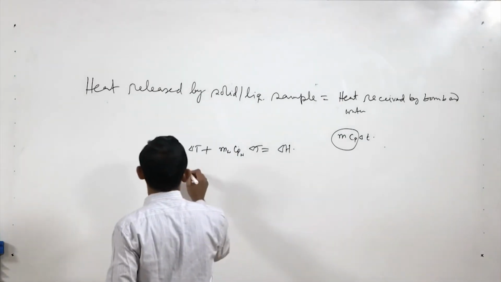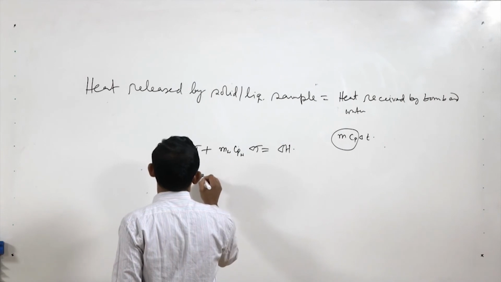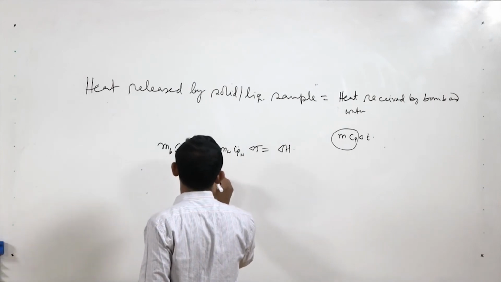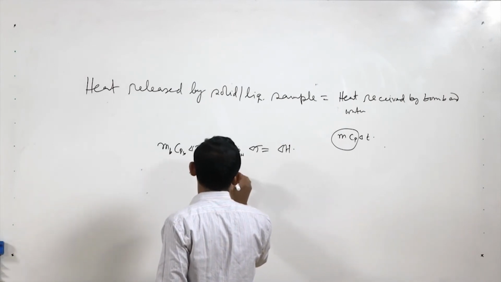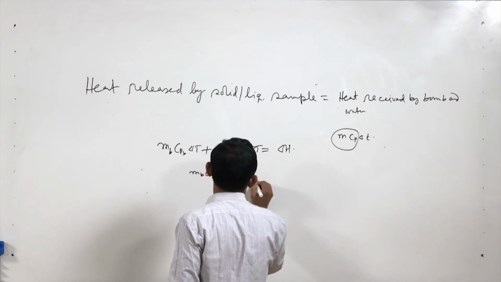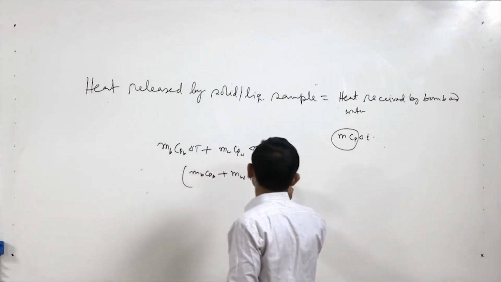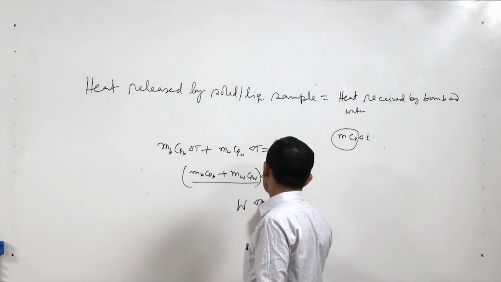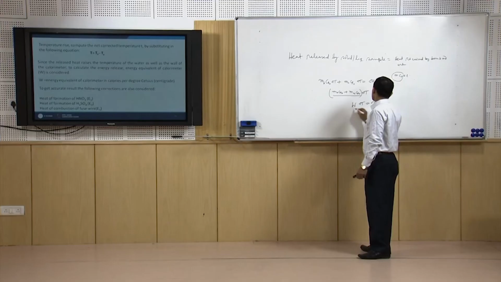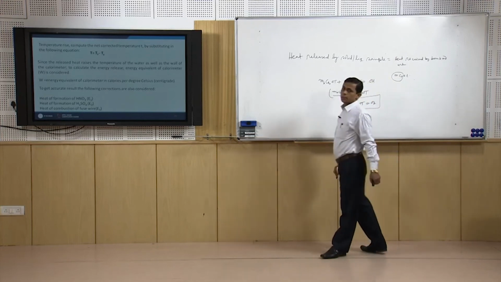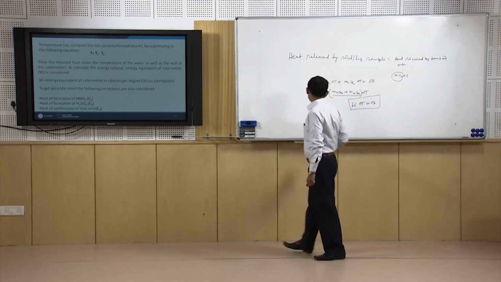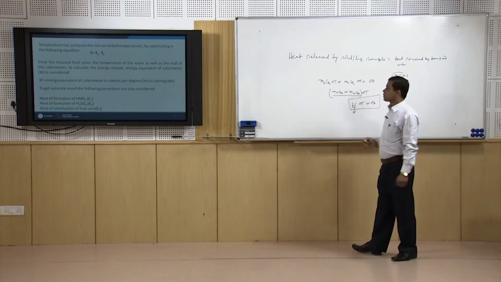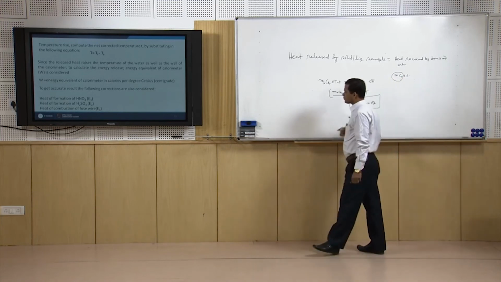So, we can write mB CpB plus mW CpW into del T, equal to say W del T equal to del H. This is the relationship which is used. This W is the water equivalent.